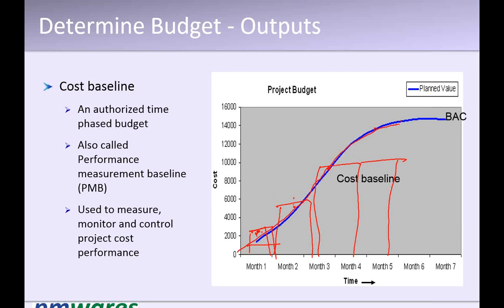You distribute the contingency reserve at different stages, or you keep it separately. While doing the estimate cost, if you keep it separately, it will come at the end. If you distribute it, it will get distributed here in the expenses.